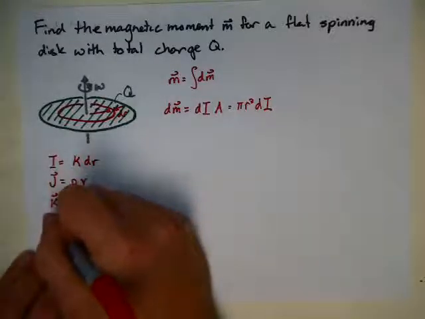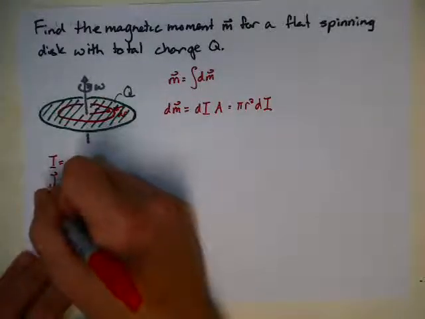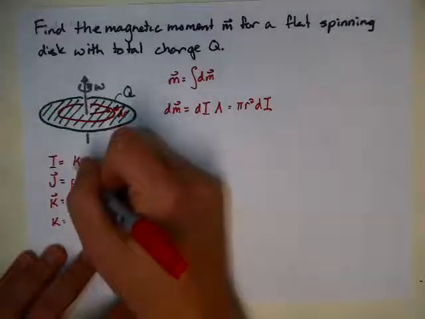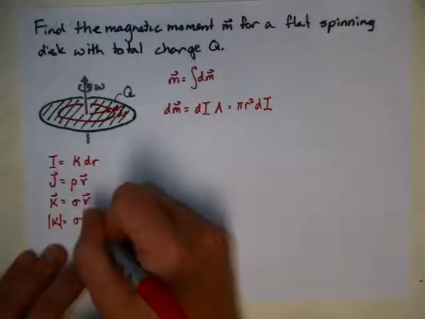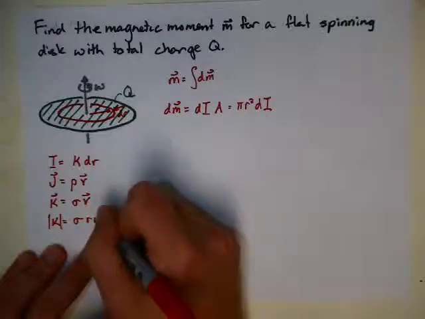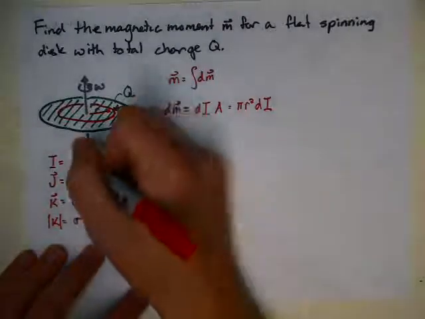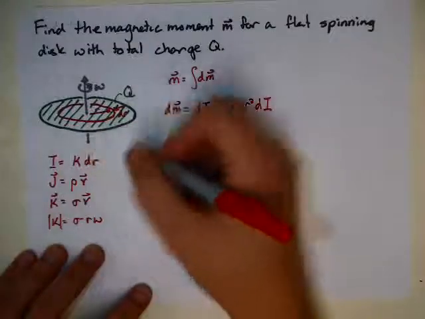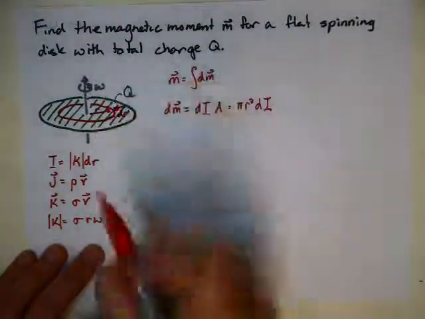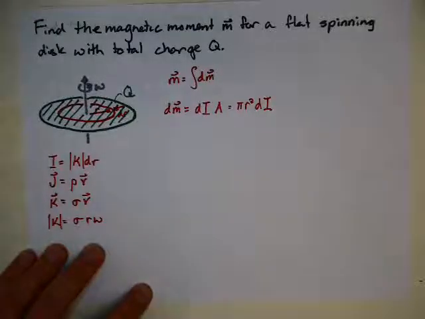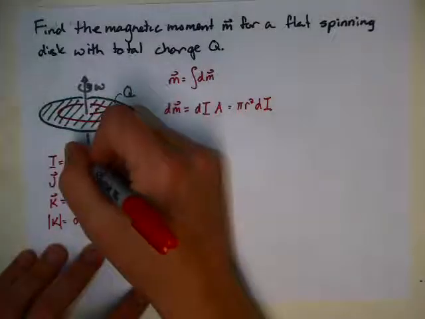So the magnitude of K is just sigma times r times omega. As long as we've got our width perpendicular to the motion, which we do, we can just take the magnitude of K there.